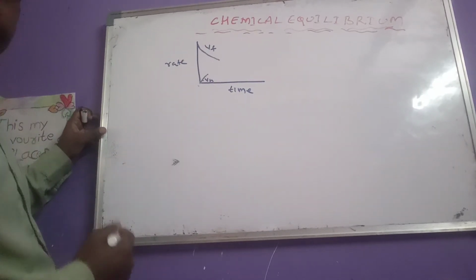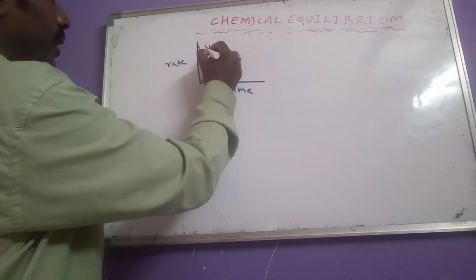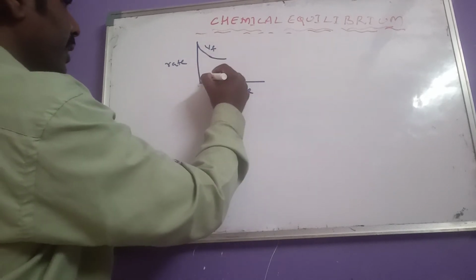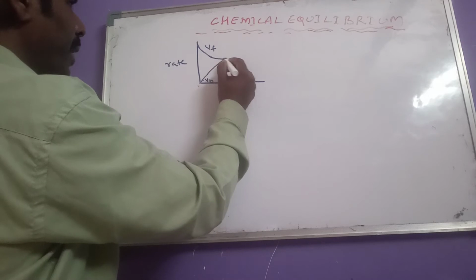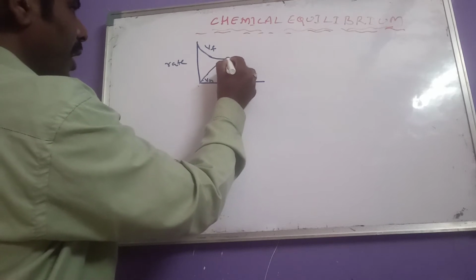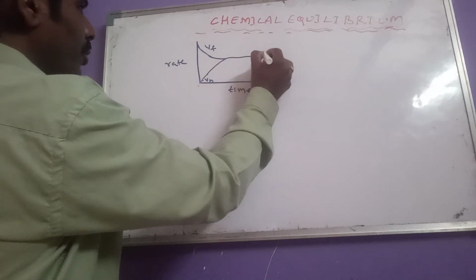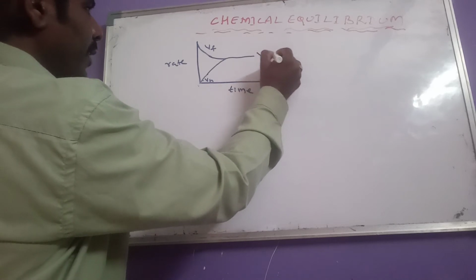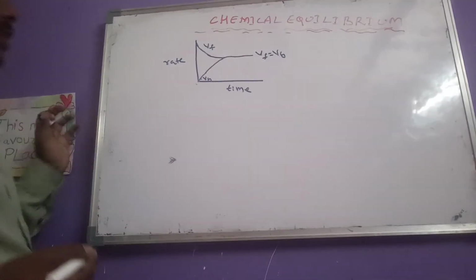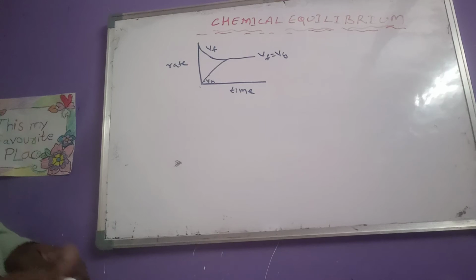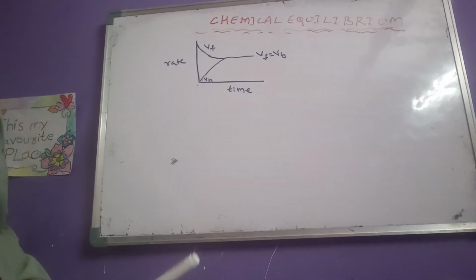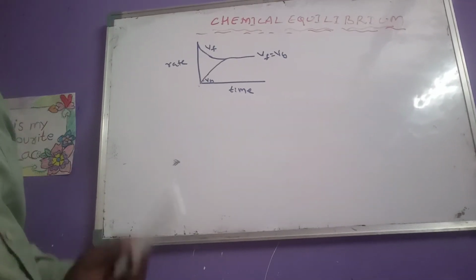After some time, both rates become equal, that is, Vf equals Vb.